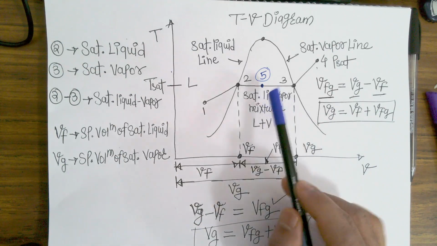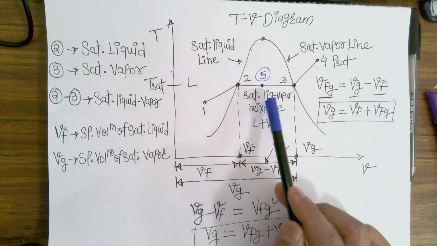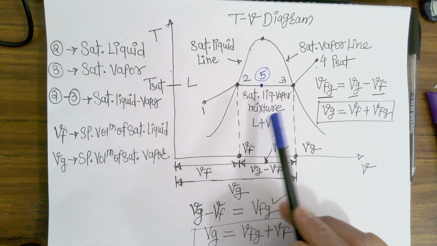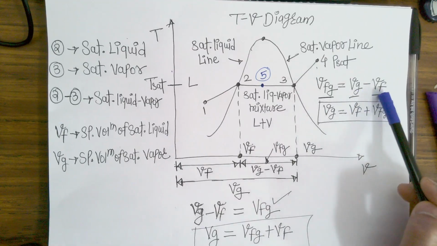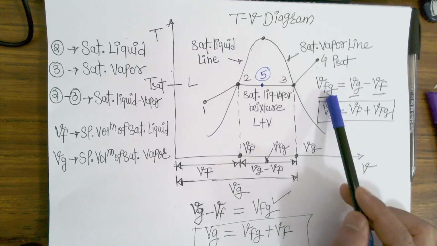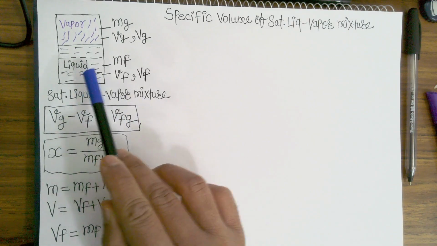So now let us calculate the specific volume at point 5, which is a saturated liquid vapor mixture. Before doing that, note one thing: Vg minus Vf is equal to Vfg. So let's say I have a liquid vapor mixture here.